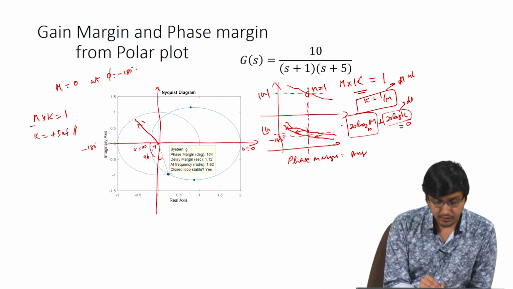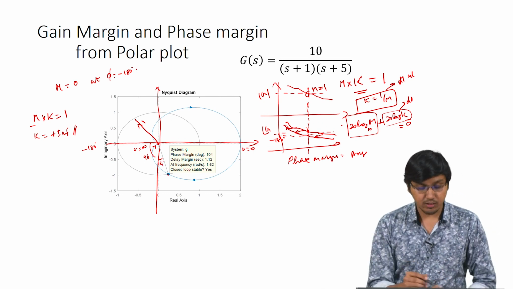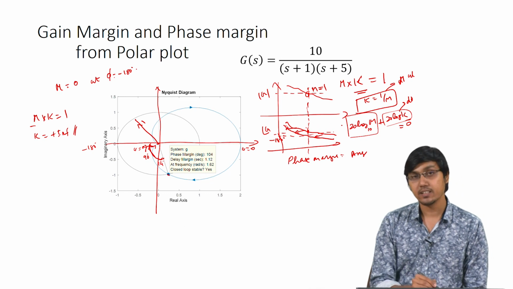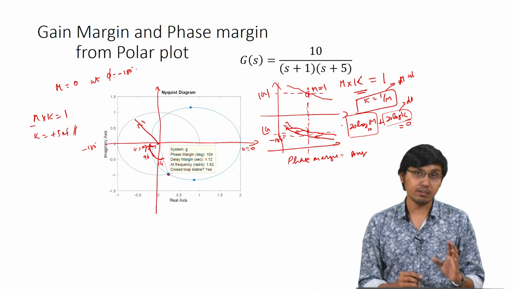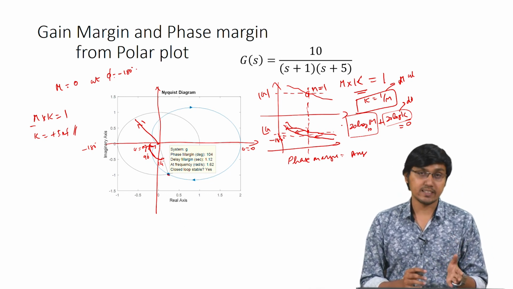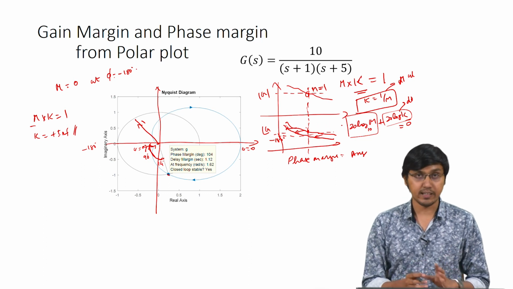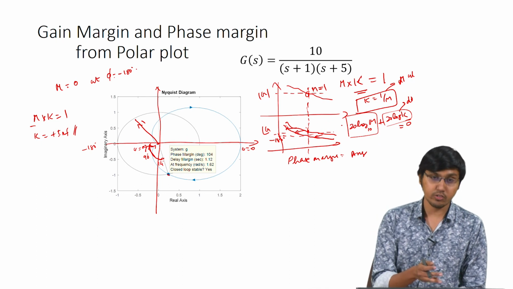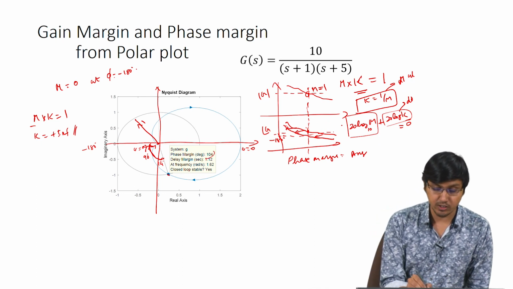So it is 14 degrees here. So we can add 104 degrees to the system and it will still be stable. To make it unstable we have to add 104 degrees. So that is what it says, the phase margin is 104.